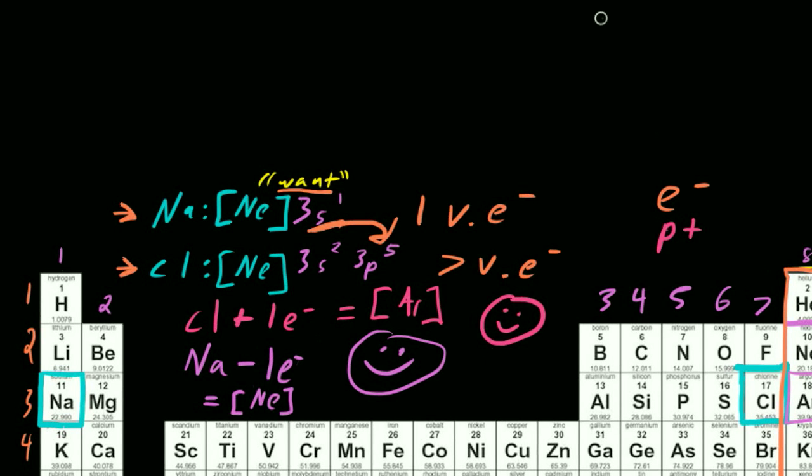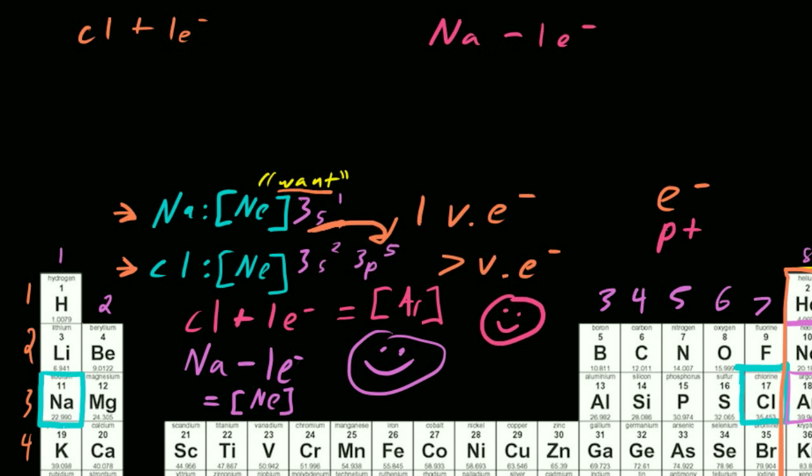So both of these atoms, our chlorine plus 1 electron and our sodium minus 1 electron, after they've lost an electron over here and gained an electron over here, are going to have some type of charge.